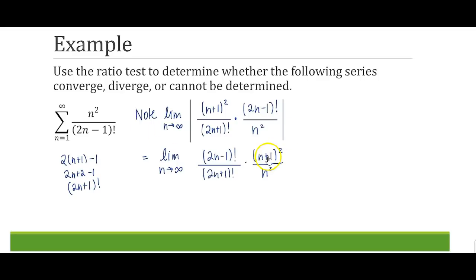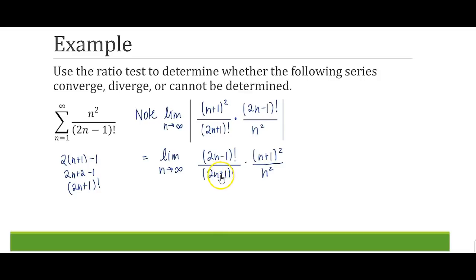Everything was positive, so we dropped those and then we just switched these two around. And now here, as n approaches infinity, this part right here on the right is just going to be 1. I have n squared, I have n squared, I take those leading coefficients, that part's going to be 1. So it's going to be a matter of figuring out what happens to this piece here.